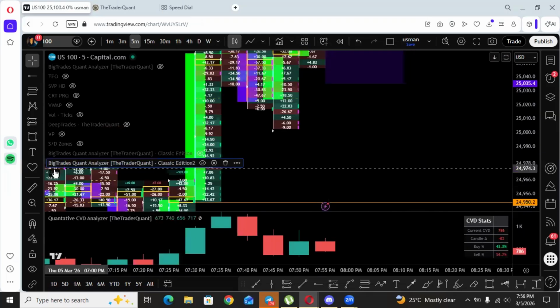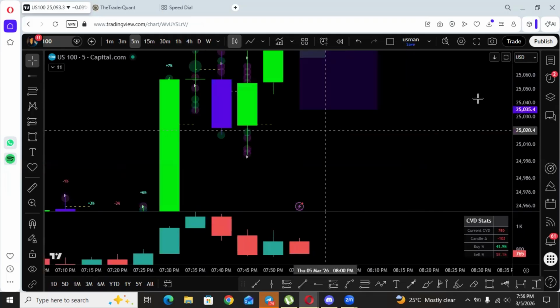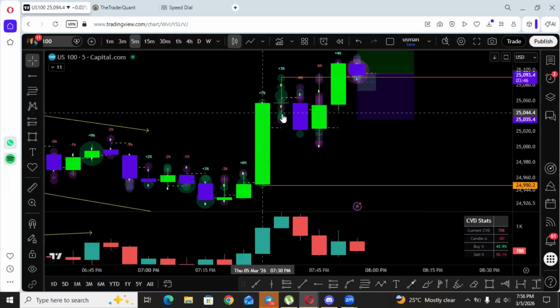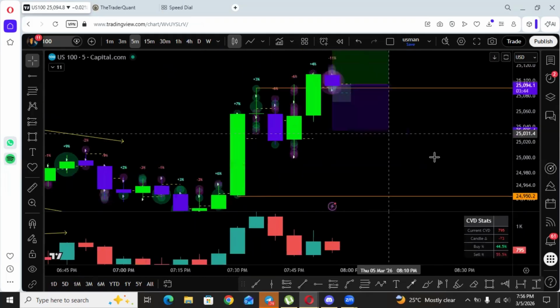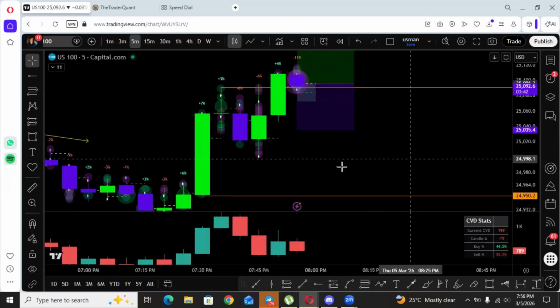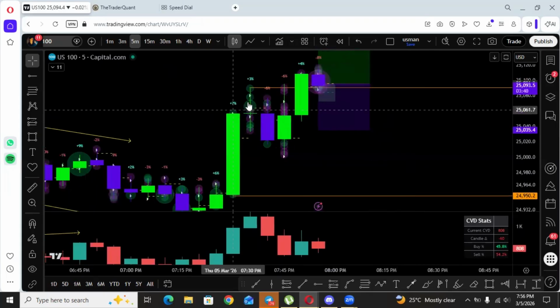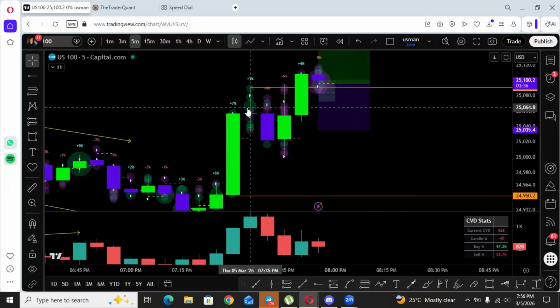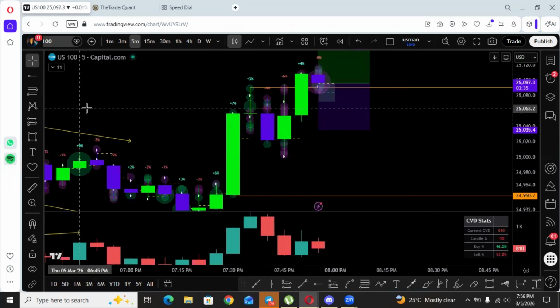And now you can see the imbalances in the form of bubbles. These bubbles show that buying and selling pressure happened at a certain point, and whether the buyers or sellers gave a follow through to that aggression or not.